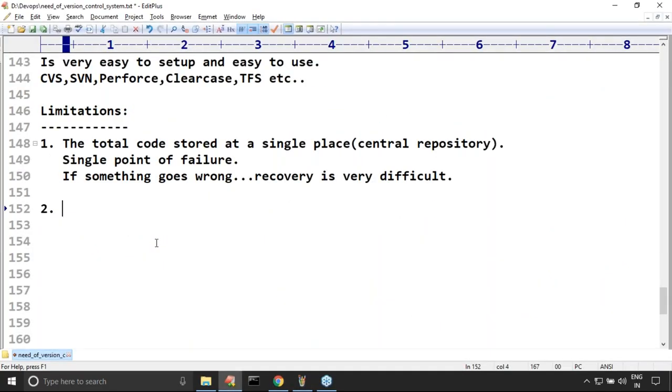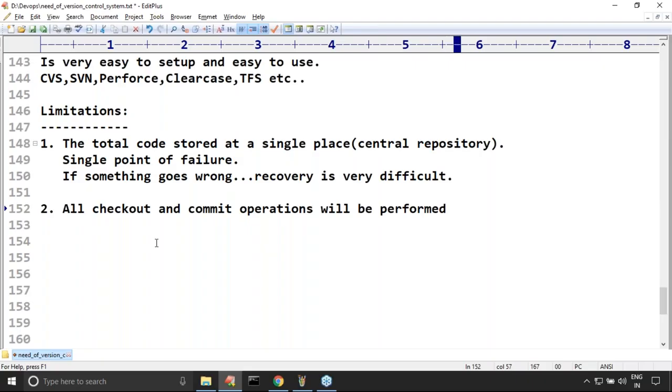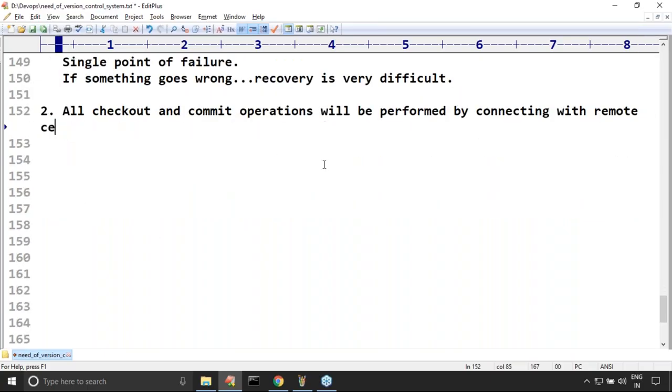All checkout and commit operations will be performed by connecting with the remote central repository server.